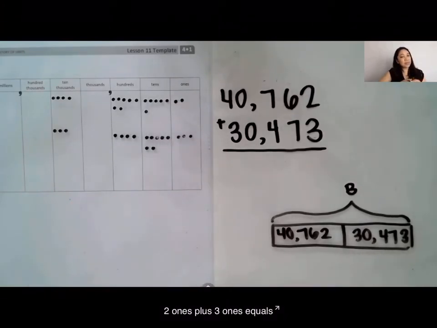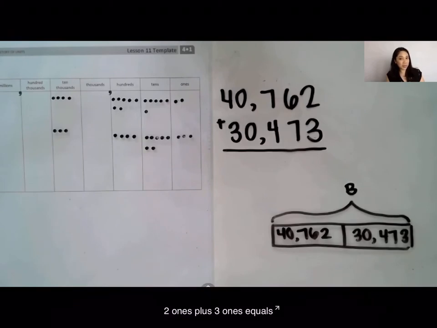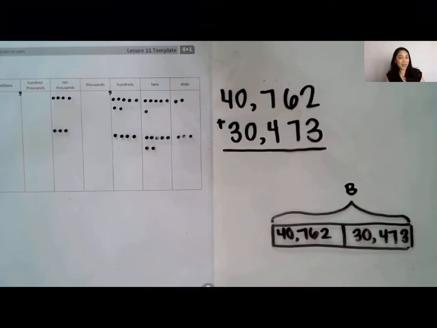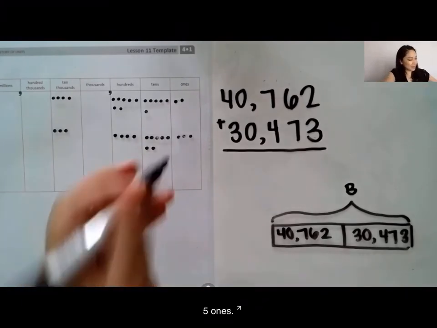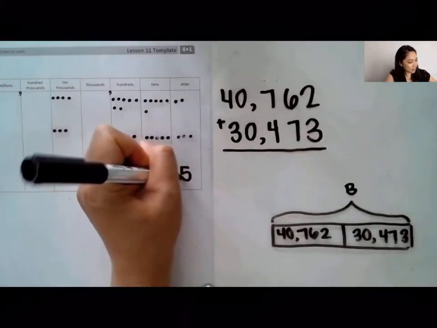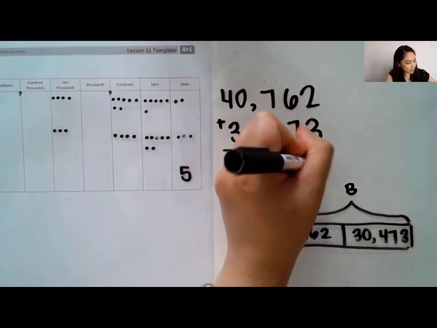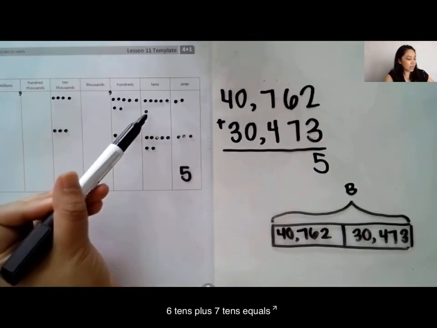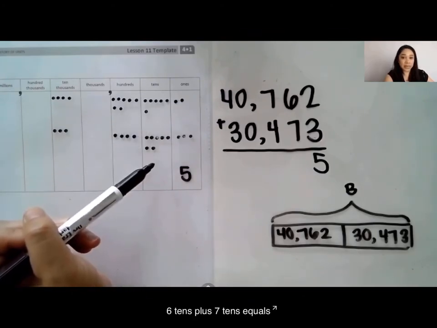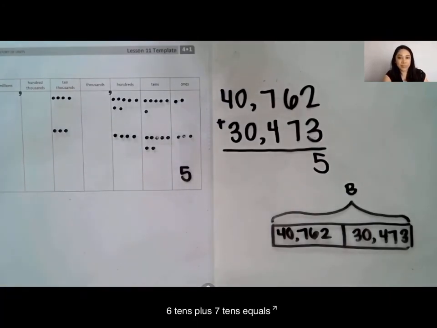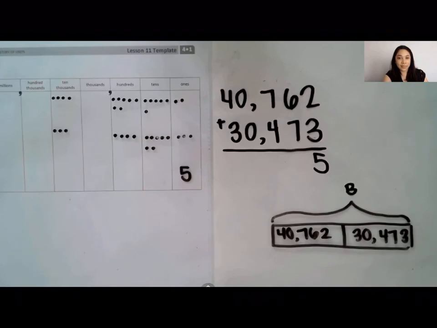2 ones plus 3 ones equals 5 ones. 6 tens plus 7 tens equals 13 tens.